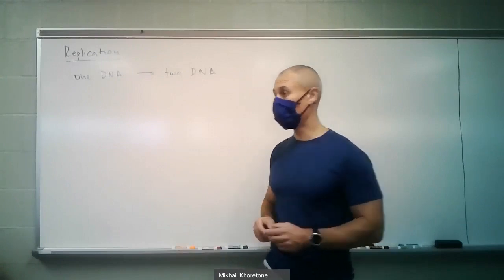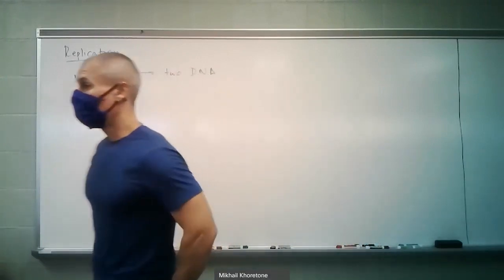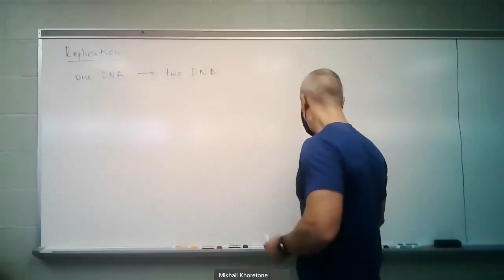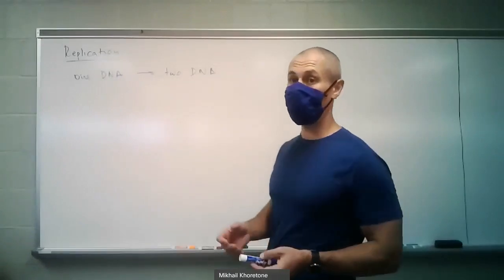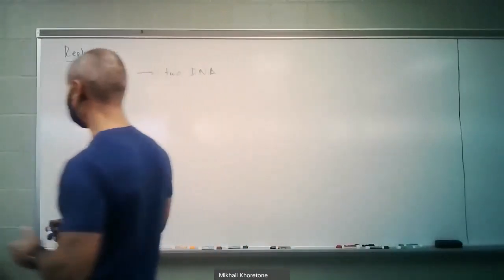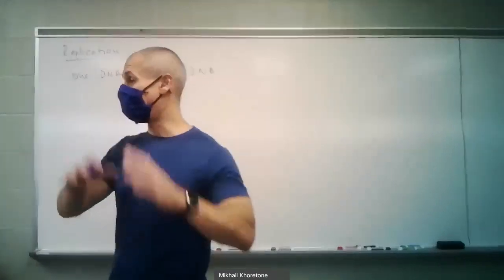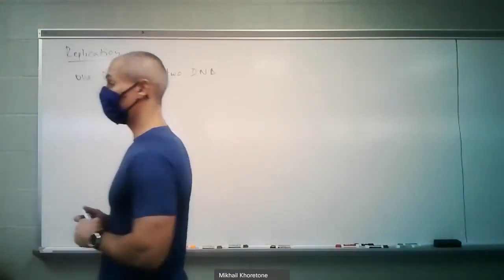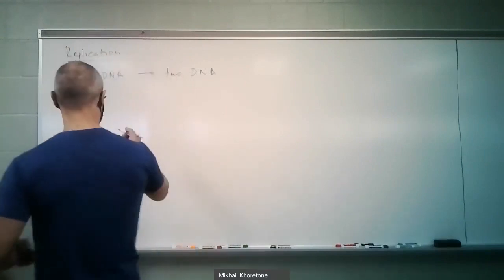Okay. Now, when the whole field of molecular biology just started to develop, there was really a big question: how does replication of DNA occur? At that time, scientists were thinking about several possibilities, and I wanted to highlight two of them.